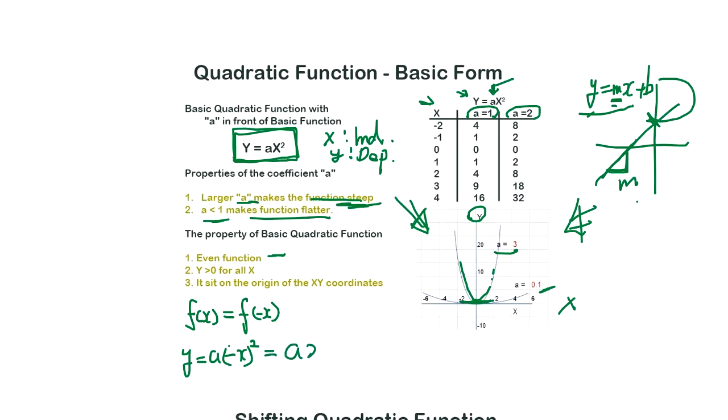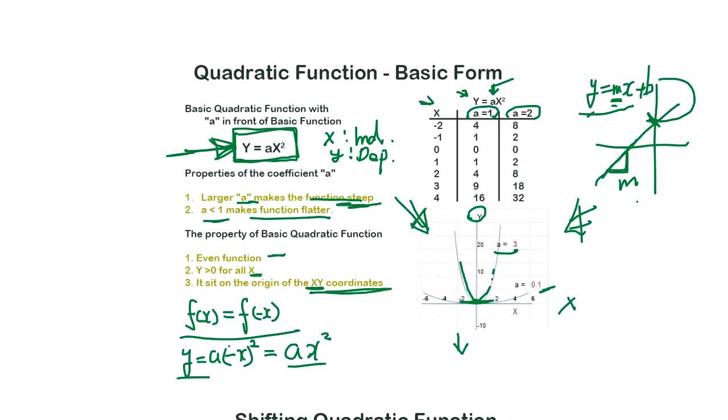Same as x squared, because negative x doesn't matter. So this is an even function, and y is positive for all x. y is always positive. It never goes to the negative side, and it sits on the origin of the xy coordinate. Right. So this is a characteristic of this equation.